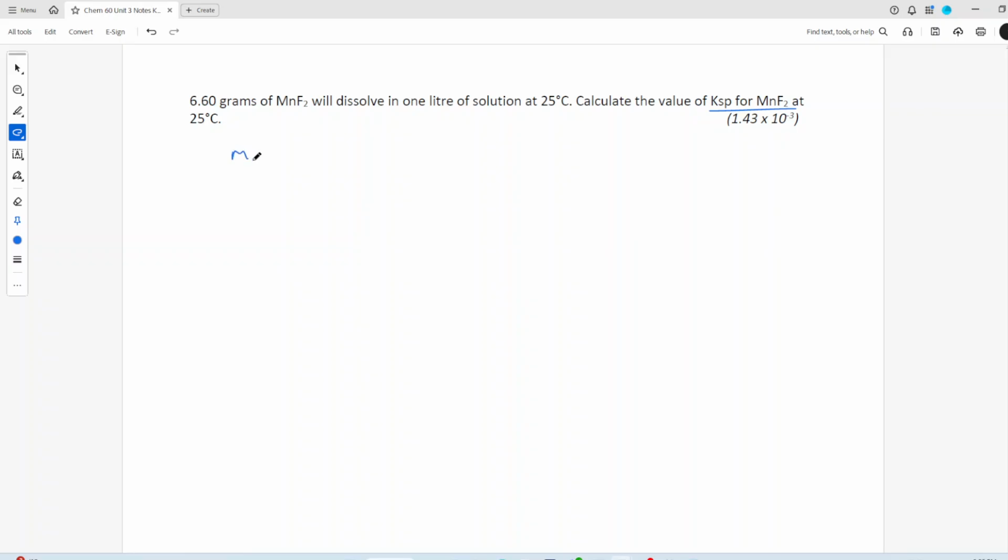So for this one, we have manganese fluoride will dissociate into manganese ions and fluoride ions. Well, 2 of them. They've given us that 6.60 grams of the manganese fluoride will dissolve in 1 liter of solution.